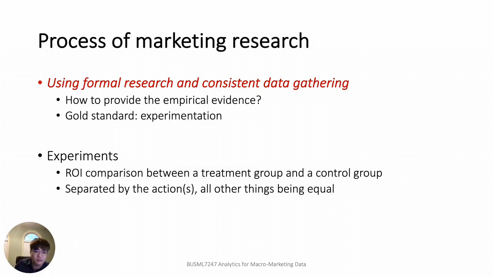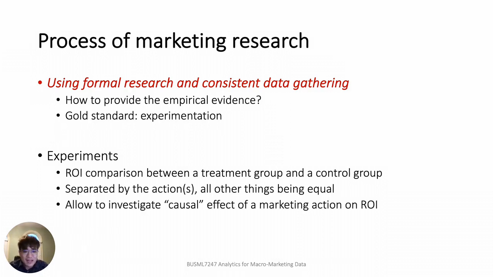Prediction from the control group, where the action is not implemented, captures the baseline, and prediction from the treatment group, where the action is implemented, captures the baseline plus additional demand of sales caused by the action. So, comparing the prediction from the treatment group to that from the control group, we can exactly measure the causal effect of the action on ROI.